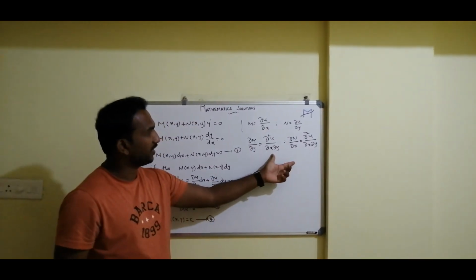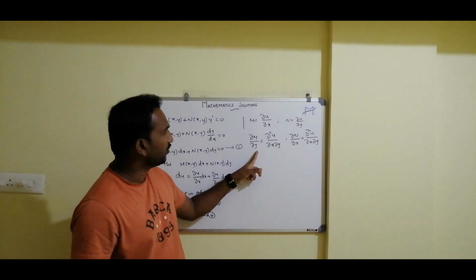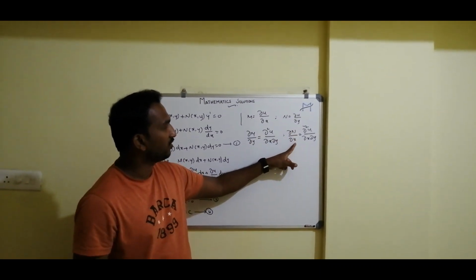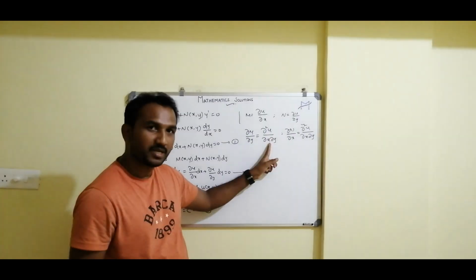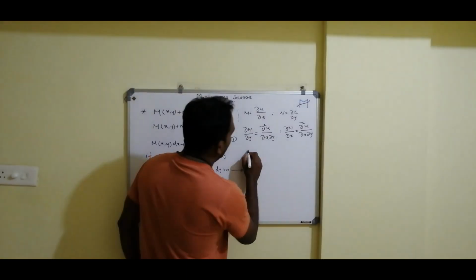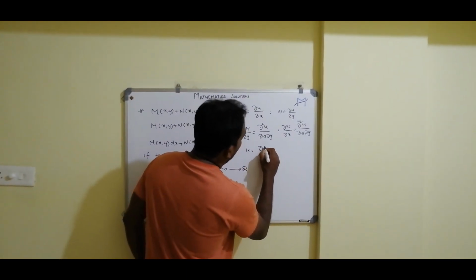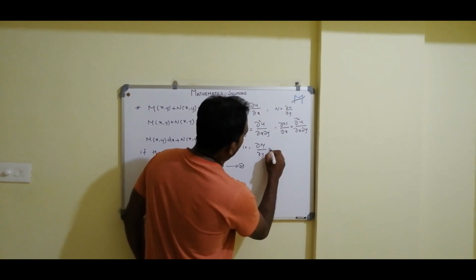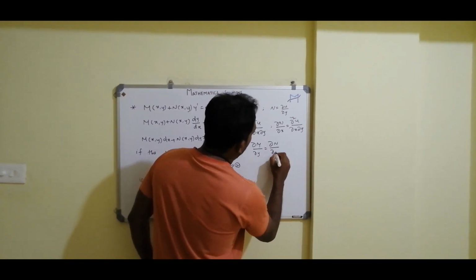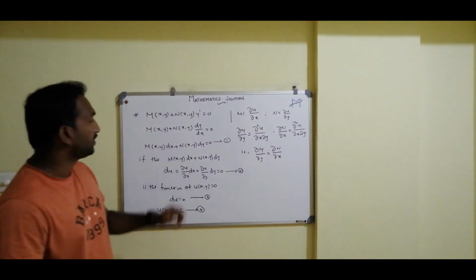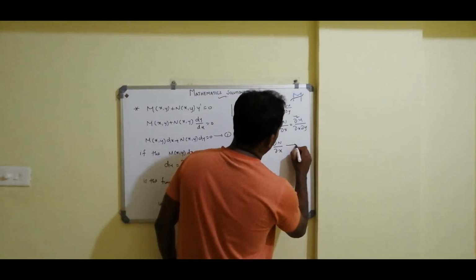Now look at these two values, both are the same: ∂M/∂y = ∂N/∂x = ∂²u/∂x∂y. Now the first equation is an exact equation.